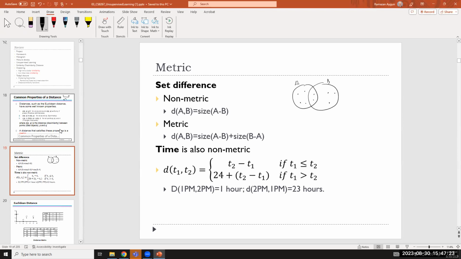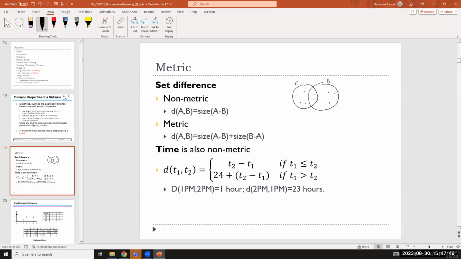The distance of A to B, if I define it based on the size, A to B is 4, B to A is 3. So this is an example of a non-symmetric distance. But we could make it symmetric in this way: the distance of A to B is the summation of size of A minus B plus size of B minus A.